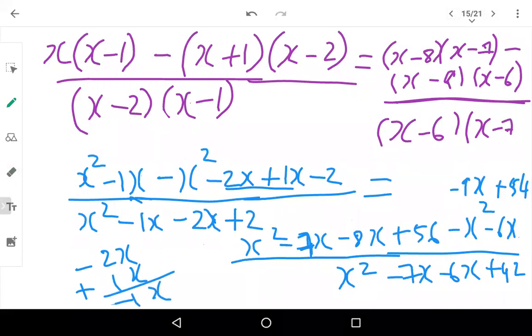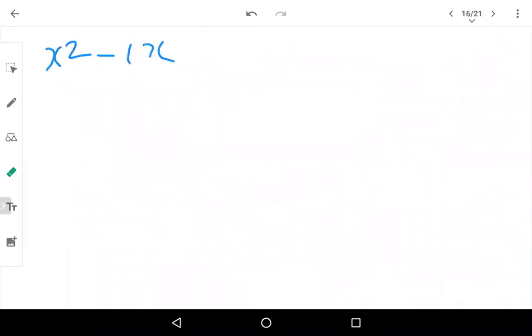Correct? Are you all able to follow? Everybody? Okay. So minus 1x is there.